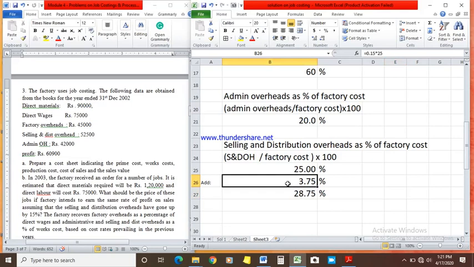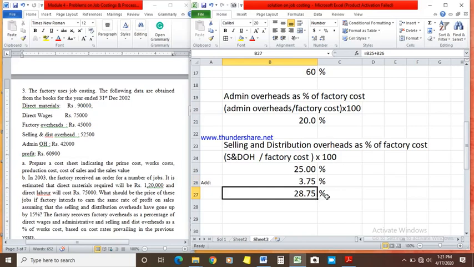I repeat, since they have given us that the selling and distribution overhead has gone up by 15%, it means in the year 2002 it was 25% of factory cost. Now it has increased by 15%, so we need to calculate how much it has gone up. The recovery rate is going to be 15% of 25. If I calculate 3.75, that comes to 28.75%.